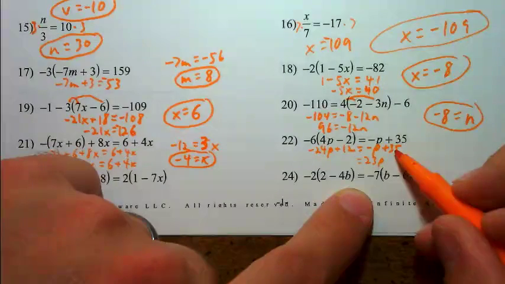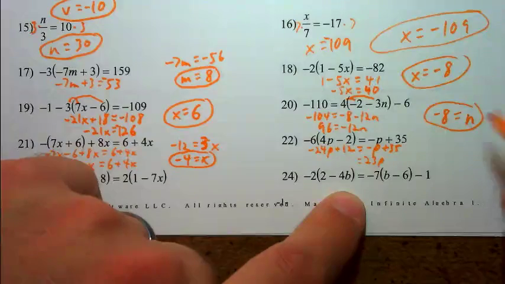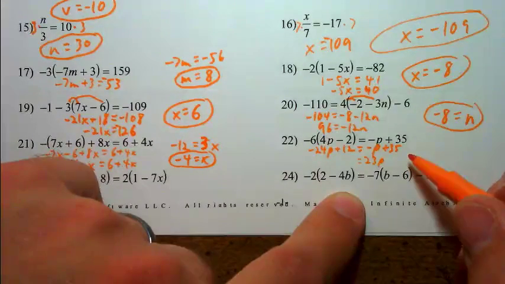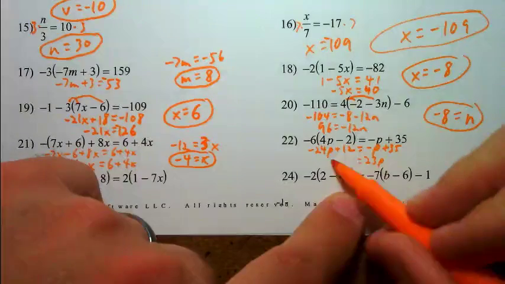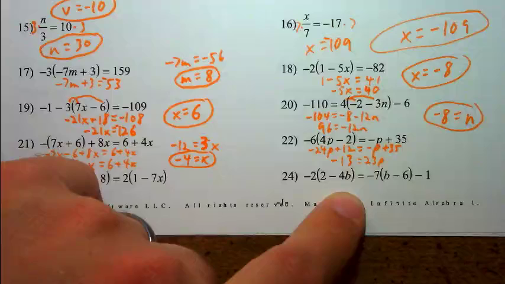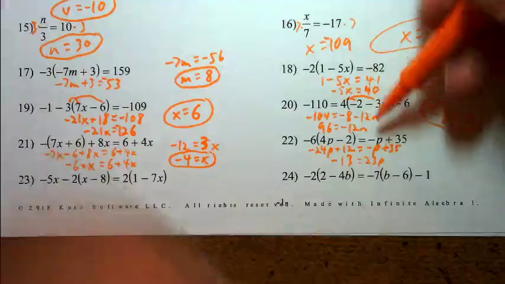I'm going to take the 35, subtract it from the other side. When we subtract it, it gives me negative 13. Let me just double check that, because that would not be a very nice answer.